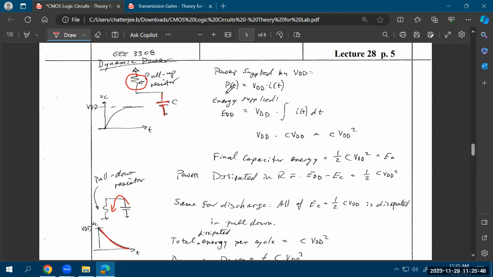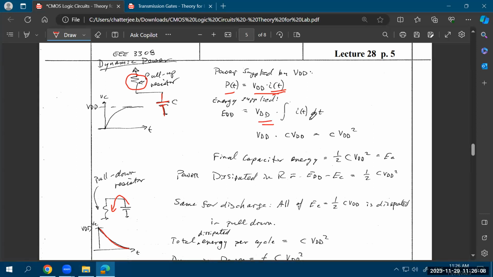What is that power consumption? That power is basically the voltage across this entire network multiplied with the current that flows through it over time. You already know that the energy will be equal to an integration of that current multiplied with that voltage.